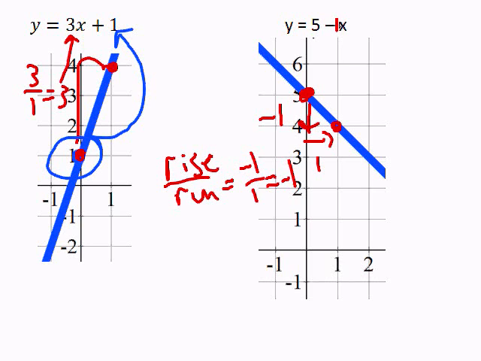It's an understood one. Anytime you have an x without a coefficient, the coefficient is understood to be 1. So the -1 does show up next to the x. What about the +5? If we look at our graph, notice the line crosses the y-axis at 5, and that also shows up in our equation.